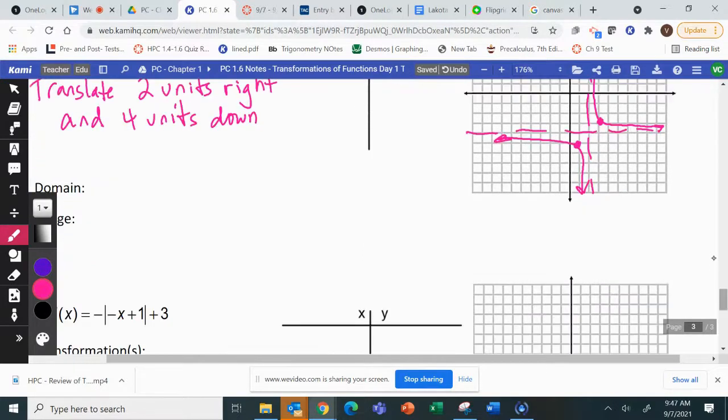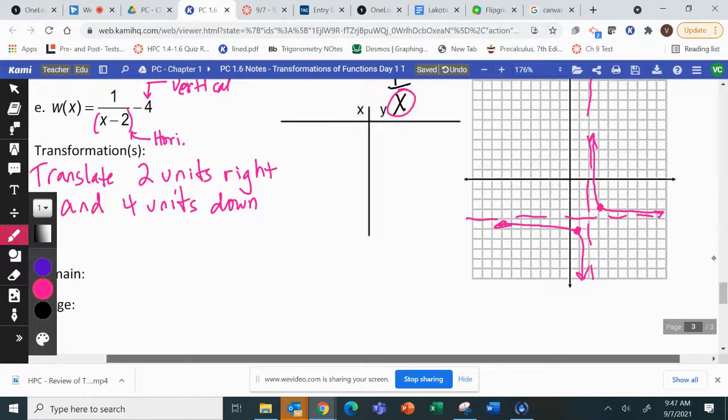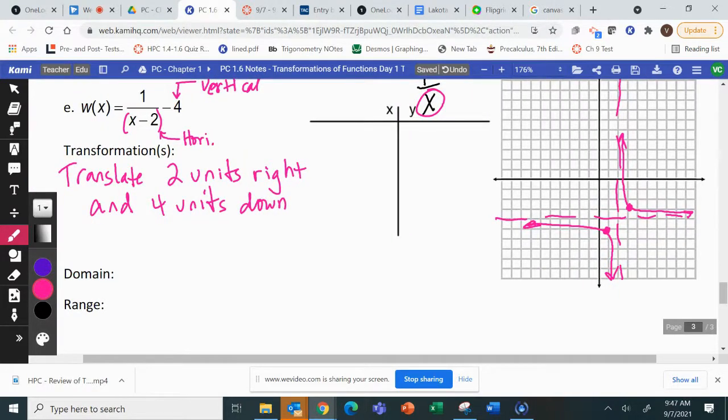When you have this one, the domain goes from left to right, but the asymptote is something it skips over. So when we look at the domain, there are actually 2 pieces on the graph. We call them branches. So there's going to be 2 pieces for your domain, 2 parentheses for your domain.